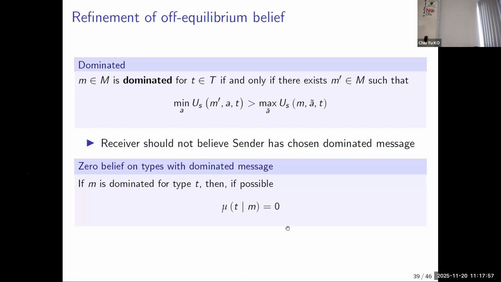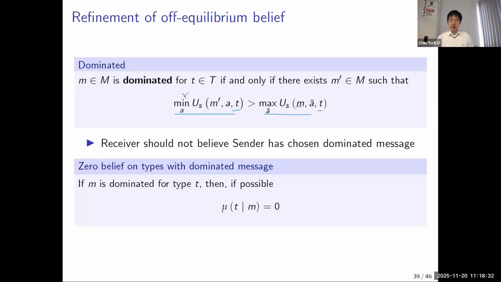So dominated means that if a type T is dominated to send this message M, according to this type T, it means that sending this message M, the best case scenario is worse than sending another message.